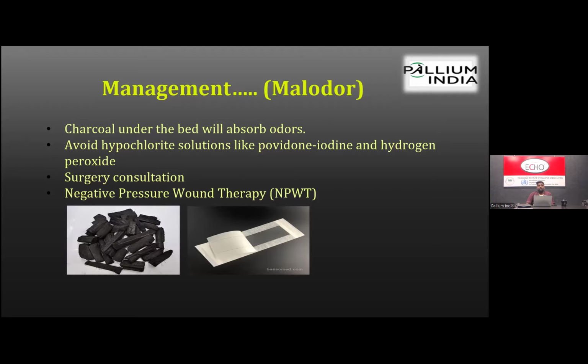Hypochlorite solutions are not needed for wound cleaning; they will not improve granulation and will affect it. So we use only normal saline or homemade saline. We educate the caregiver how to prepare it, and they clean the wound with it.